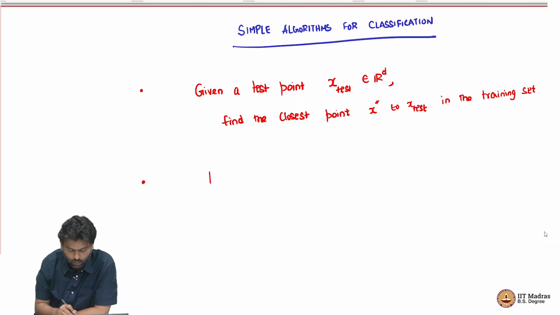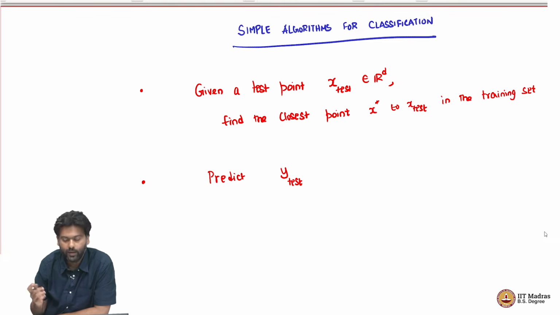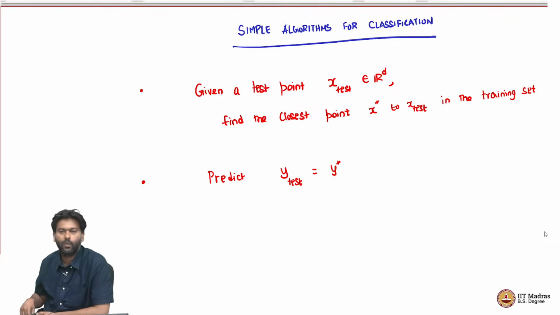Fine, you have found the closest point. What are you going to predict? The prediction for y test is going to be simply y star, so the label of x star that you have found.